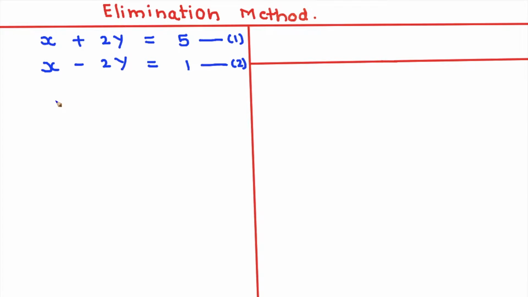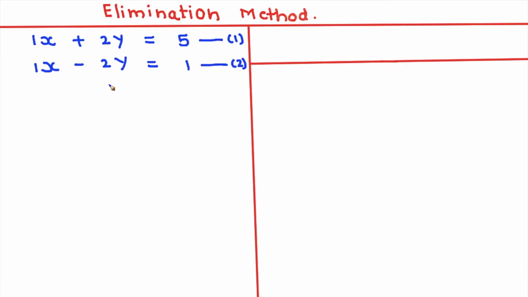Now the most important step which we are going to follow in this elimination method is make one of the variables' coefficients the same. Now in this particular question, again we are fortunate that the coefficient of y in both equations is same, only there is a change of sign, here is plus, here is minus, whereas the coefficient of x is also same, which is 1 in both cases.